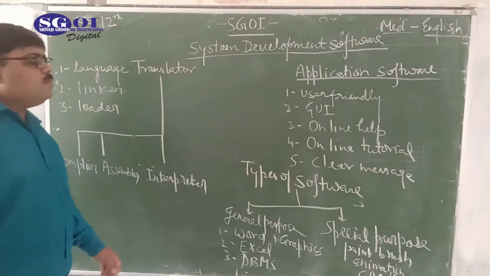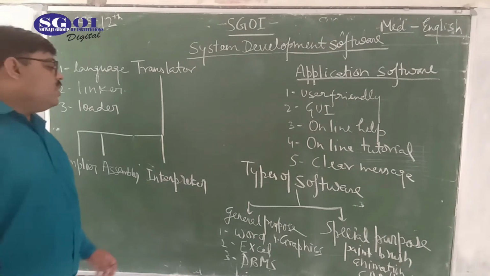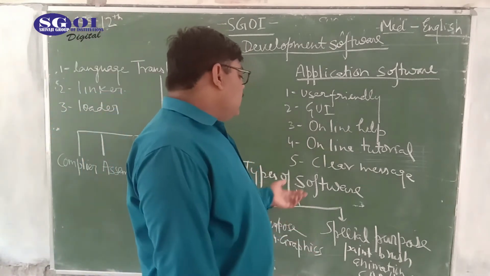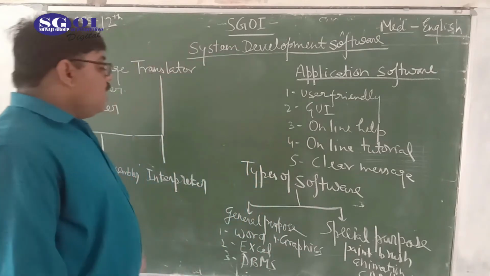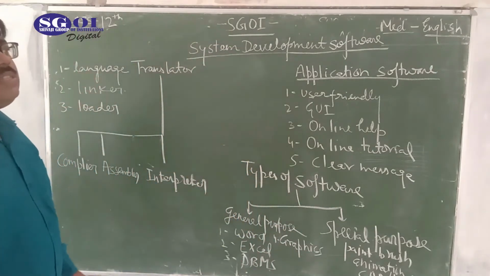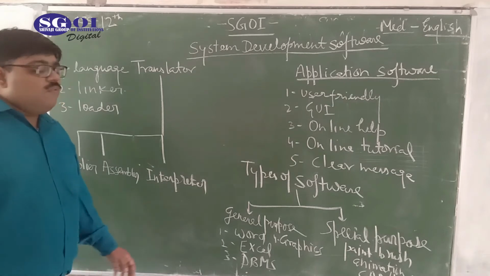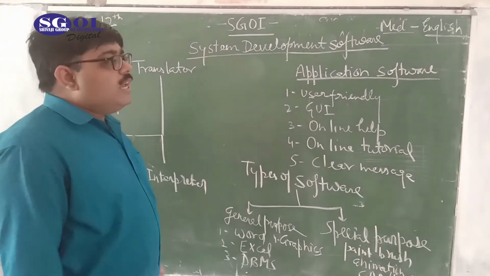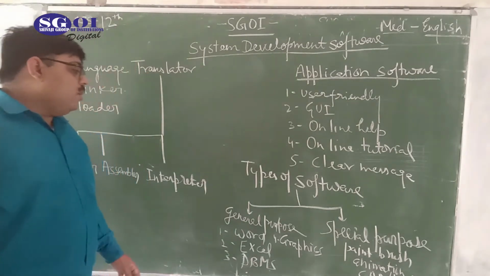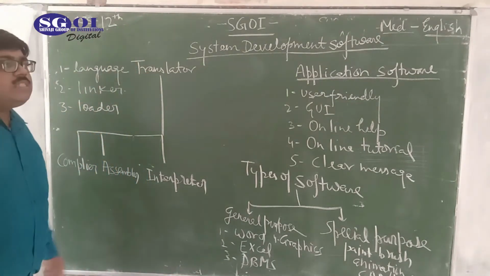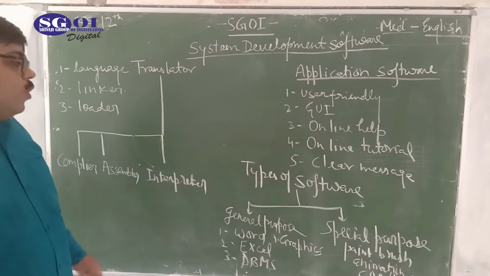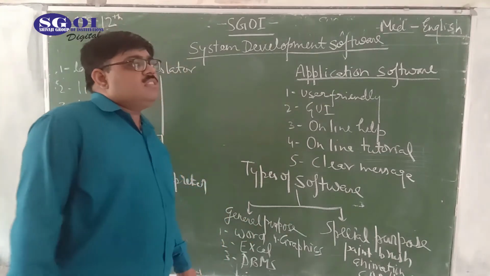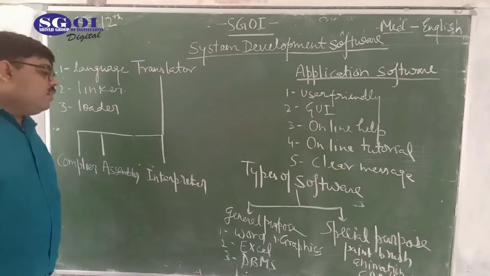There are two types of application softwares. The first, general purpose application softwares, and the second, special purpose application softwares. General purpose application softwares are those softwares which are created for the need of general people, and these softwares are used in offices, in homes, in factories, in railway reservation systems and in other ways.